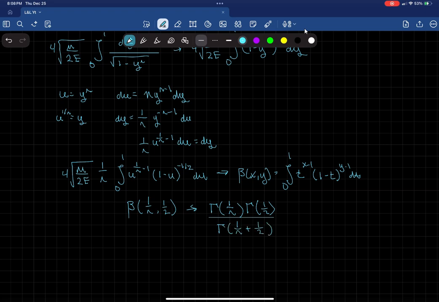And we know that gamma of 1 half is famously known to be square root of pi. So this integral can be expressed as gamma of 1 over n times square root of pi divided by gamma of 1 over n plus 1 half. And thus completes problem A.